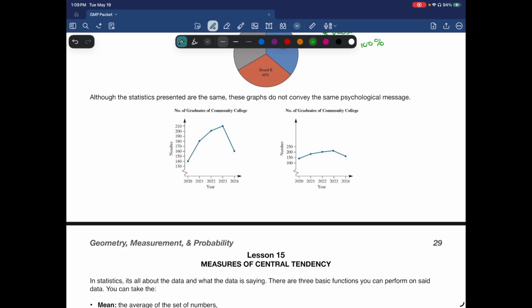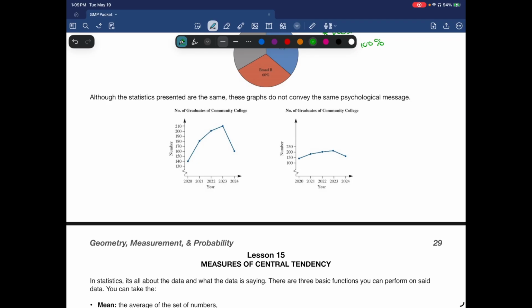So it's the same span of time, but you can see that there's a big drop off in the first graph, but it seems like almost a flat line in the second graph. So be careful and dig a little deeper on any graph that is shown to you. Don't just take it at face value. And if you are creating the graphs, try to be as clear as possible. Don't try to manipulate the data in order to sell something.